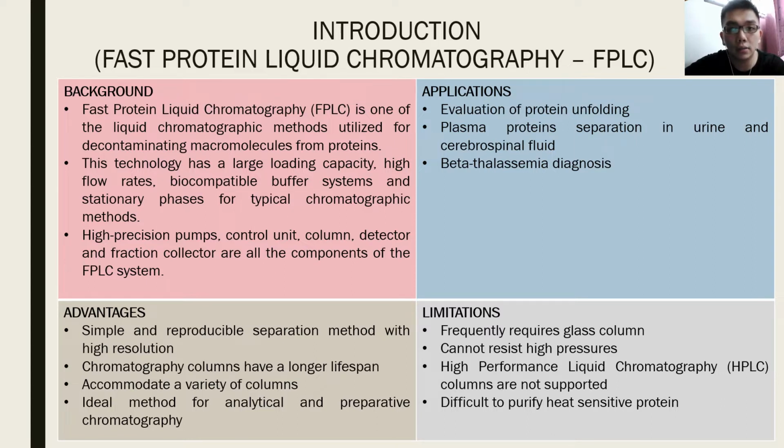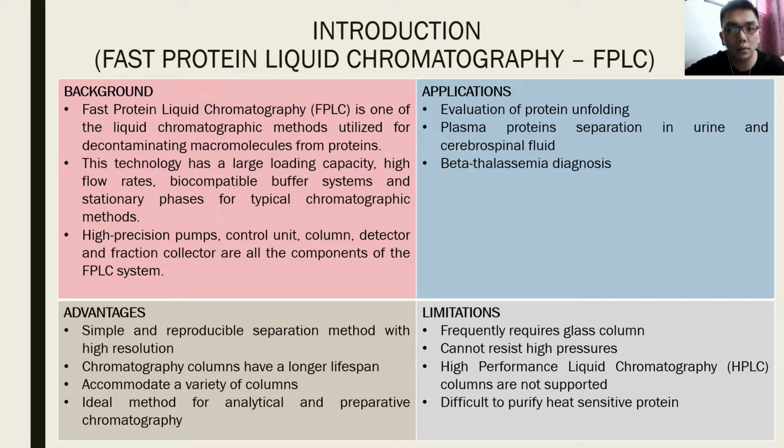This technology has a large loading capacity, high flow rates, biocompatible buffer systems, and stationary phases for typical chromatography methods such as gel filtration, ion exchange, reverse phase, and affinity chromatography. High precision pumps, control units, column, detector, and fraction collector are all the components of the FPLC system.